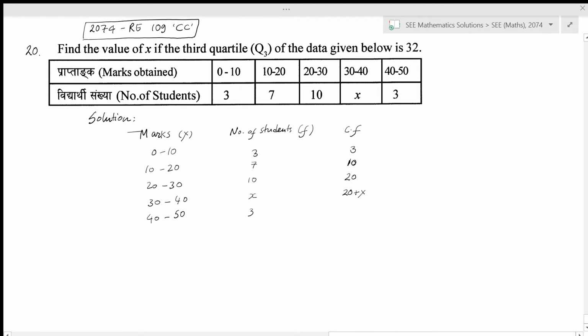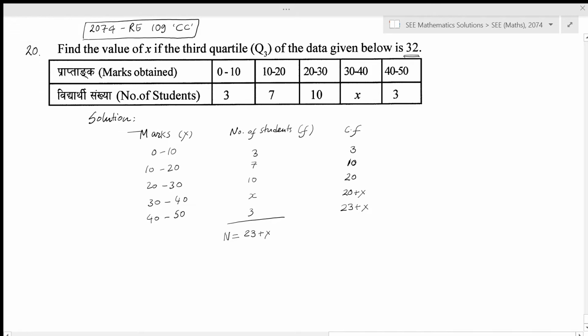At last it will be 20 plus x plus 3, so it will be 23 plus x, and total frequency, right? So n will be equal to the last cumulative frequency, which is equal to 23 plus x.